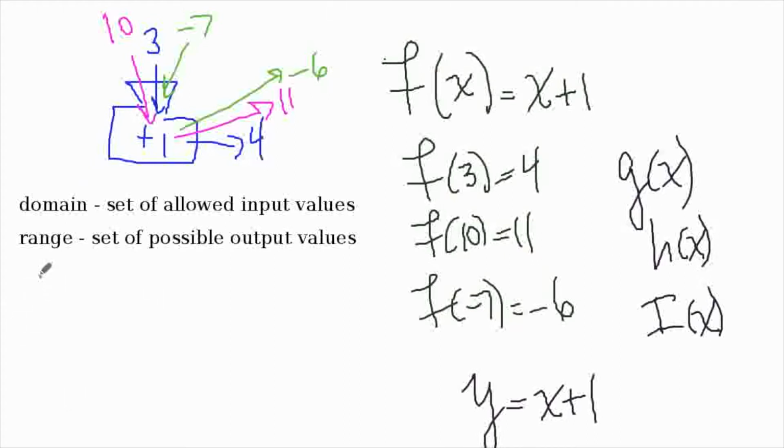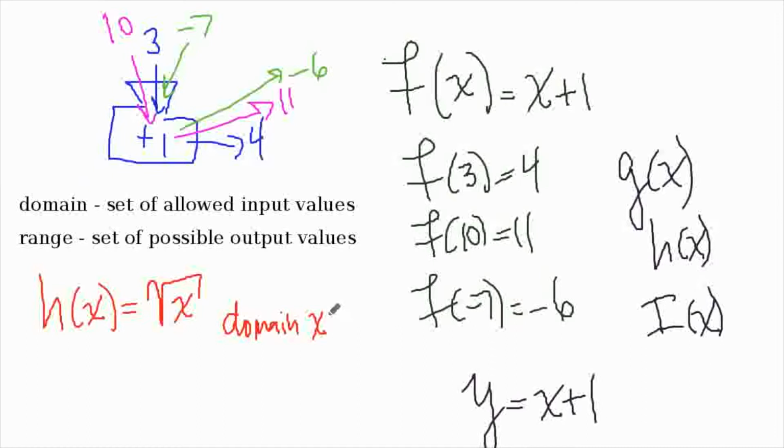So let me show you a new function definition. I'll do it in red in the bottom left. Let's say I had h of x is equal to the square root of x. Is there any reason that I can't take the square root of any number? And there is. You can't take the square root of a negative number unless you allow complex numbers, but let's assume that we have to stick with the reals. In that case, the domain is everything 0 and above, everything non-negative.